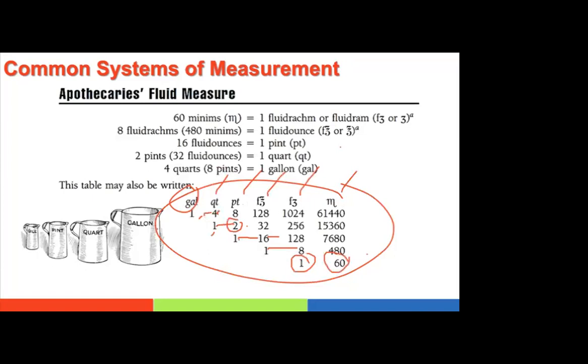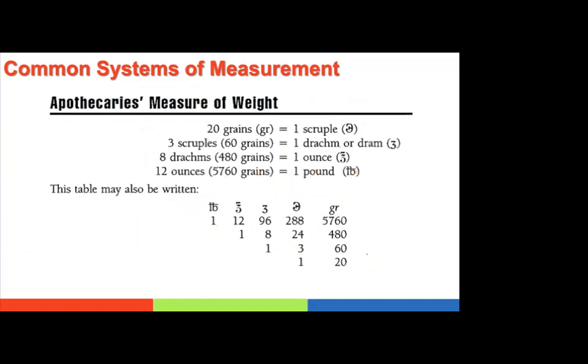Then on the other side, the apothecary's measure of weight, so we have pounds, ounce, and this is dram or drachm, this is scruple and grains. The interpretation is the same. 1 pound is equal to 12 ounces. 1 ounce is equal to 3 drams. They are paired together.